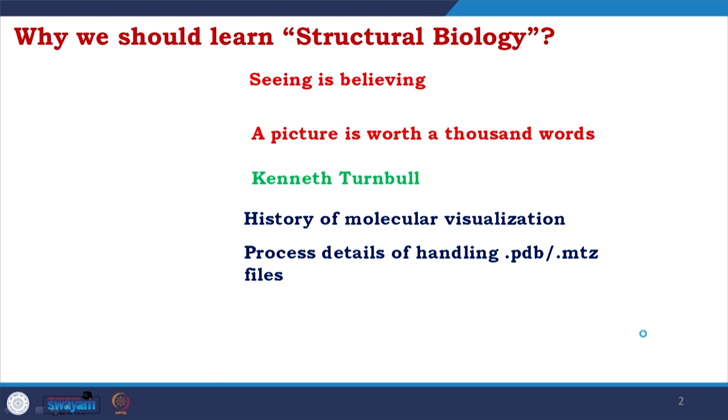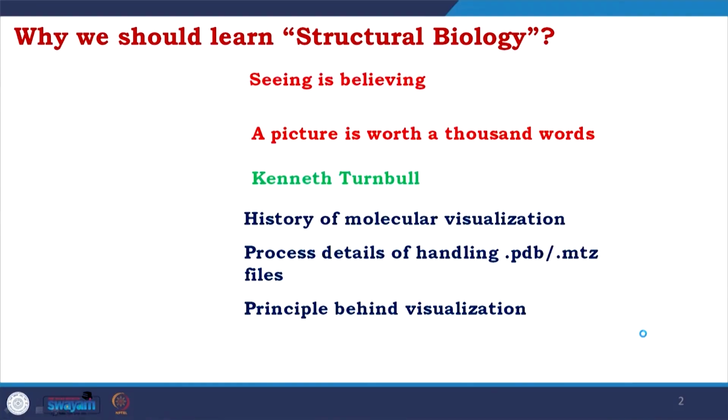In the last modules we have said that the structure is deposited under PDB, and MTG is where you get the electron density. So, for an X-ray crystallographic structure or for cryo-electron microscopy, you need an electron density map. We will talk about them.